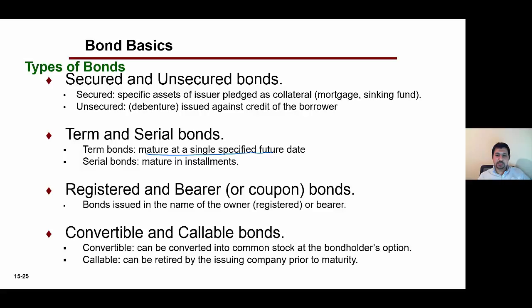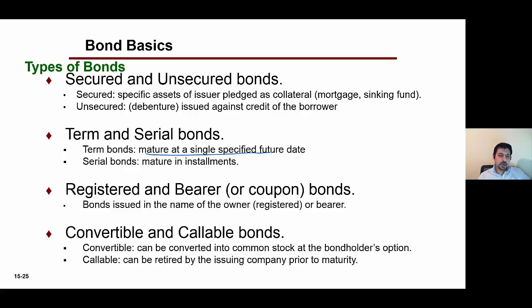Sometimes it is very appealing to investors or lenders, because they can become shareholders rather than just holding those bonds. And this is mostly when the stock price is favorable to the bond owner.